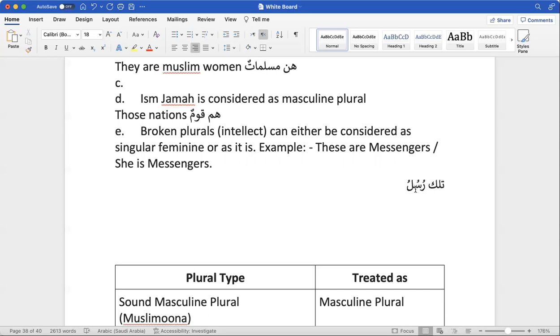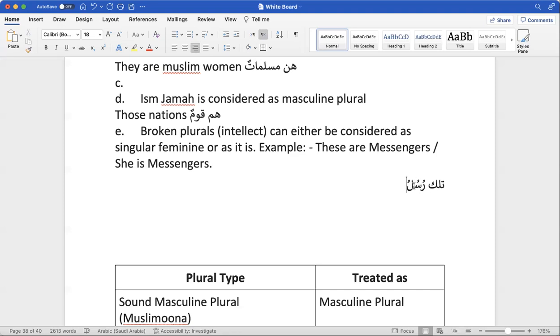Rusulu means messengers. But then why tilka? It should be ulaika. No, tilka is basically a pointing word. Tilka means that, but the feminine version. Zalika also means that, but the masculine version. And its feminine is tilka. Okay. And you have ulaika. Ulaika means those, masculine.